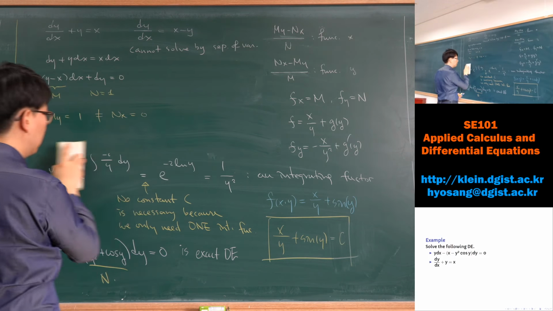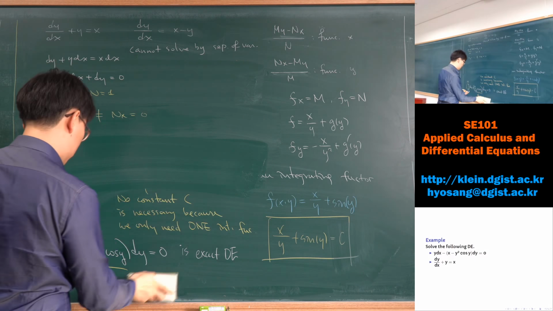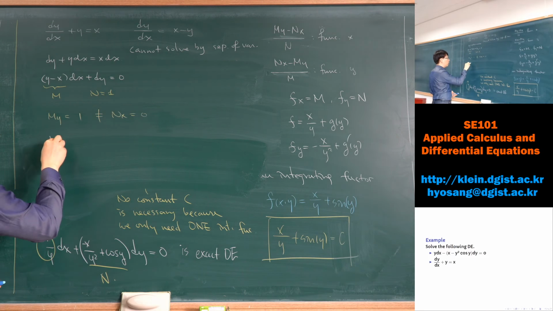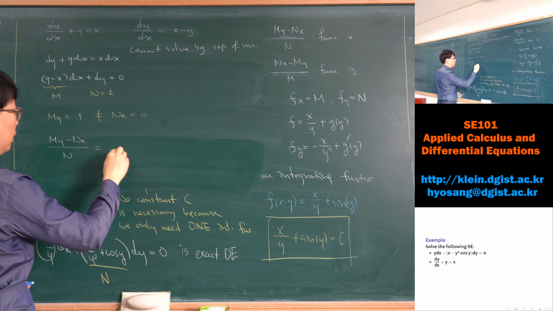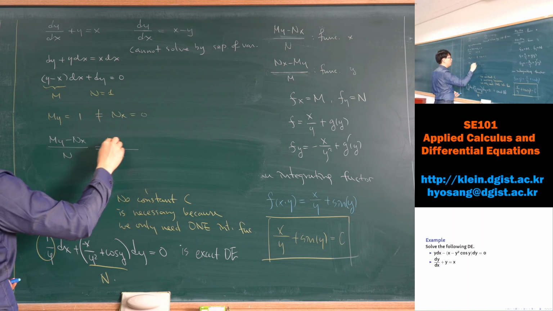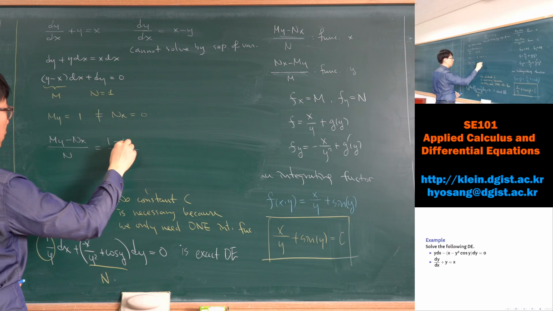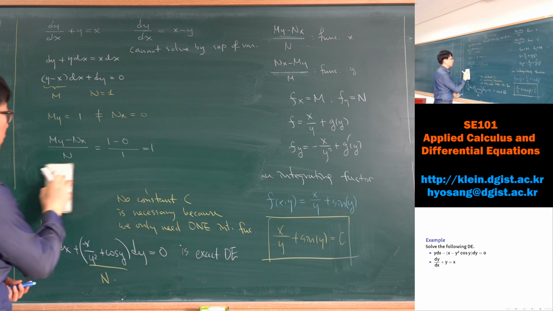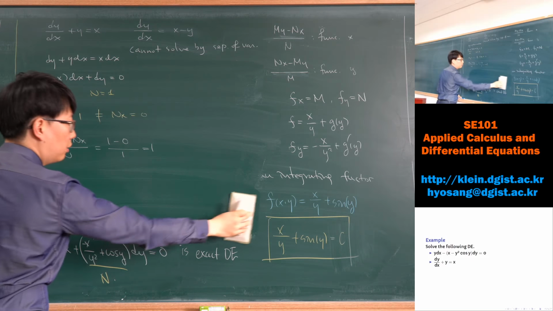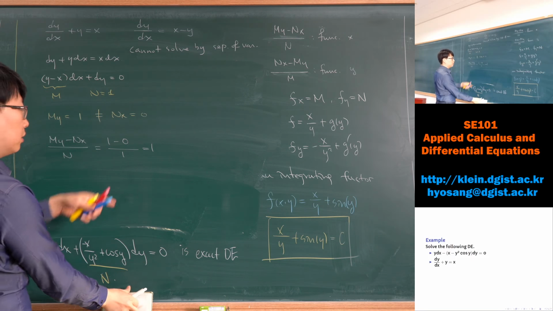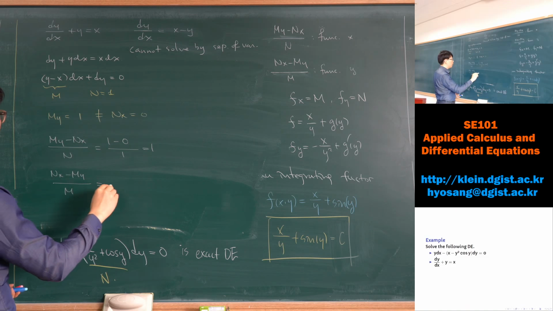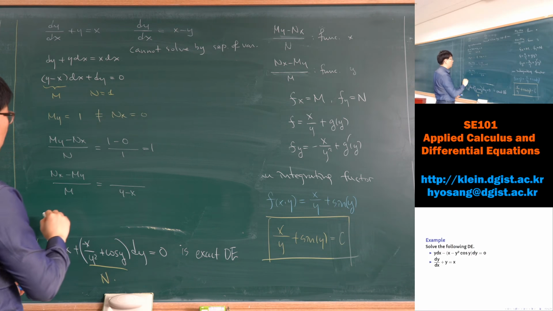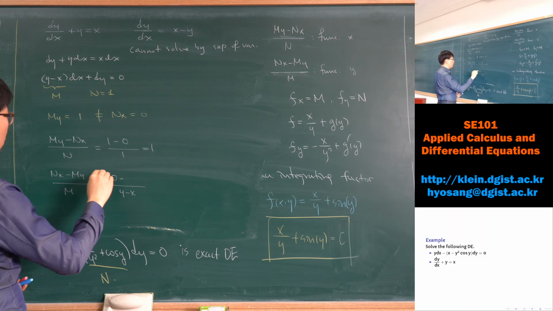Let's look at two formulas. First, let's look at (M_y minus N_x) over N, where N is 1, so M_y is 1 and N_x is 0. So we get 1. How about the other one? Before I make a conclusion here, let's see what happens with the other one. So we have (N_x minus M_y) over M, where M is y minus x, N_x is 0 and M_y is 1.